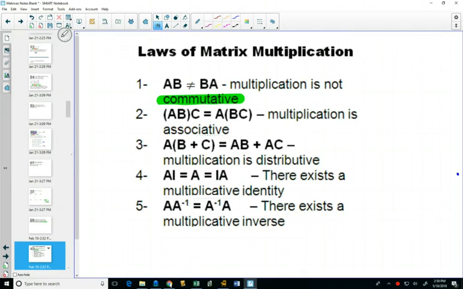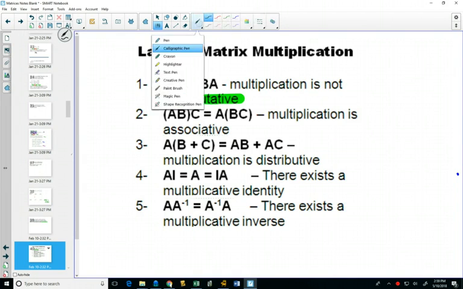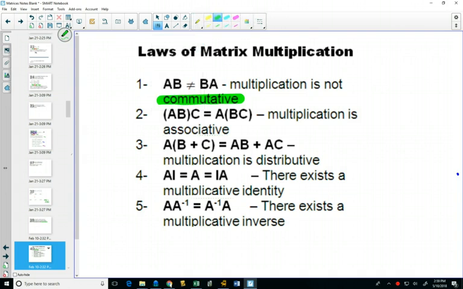Next math word deals with what we saw. Associative, what we saw in the last one. If you have three things multiplied and you keep the order the same, you can do the AB first or the BC first. It will work out to be the same.